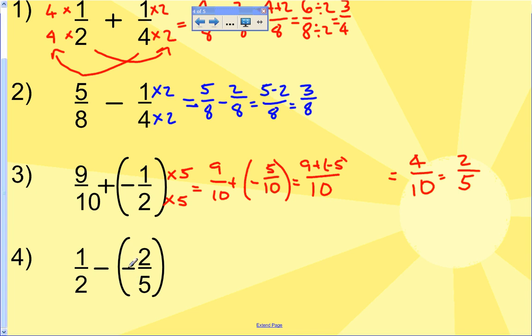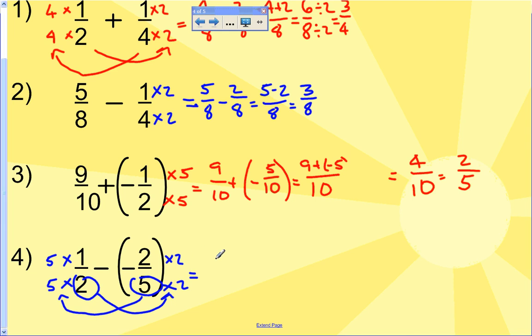Again, if you can't figure it out, multiply them times each other, which in this case actually is the least common denominator. So I'm going to take this denominator, 5, and multiply top and bottom of this side by 5. I'm going to take this denominator of 2, and multiply top and bottom of this by 2.